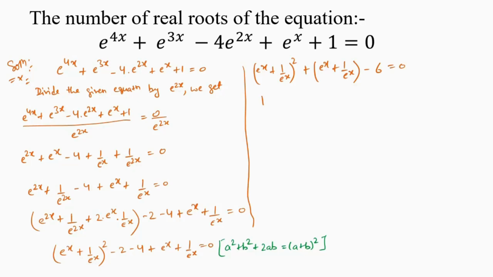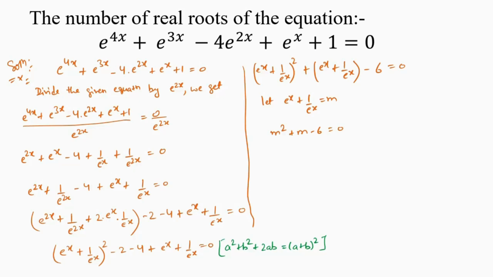Now let e raised to the power x plus 1 over e raised to the power x equal m. We get m square plus m minus 6 equals 0.